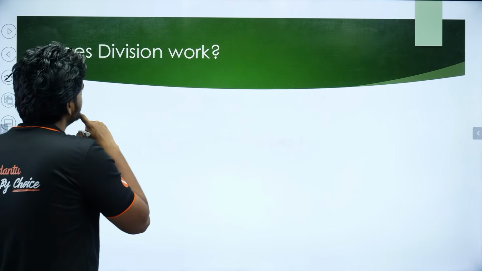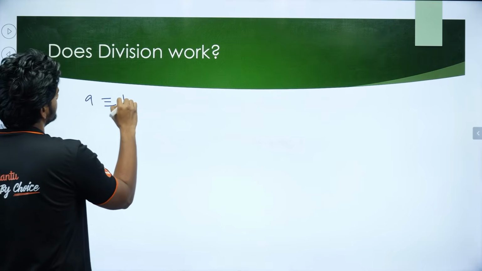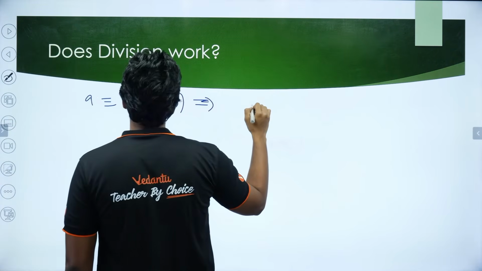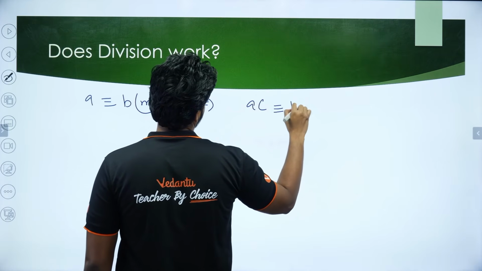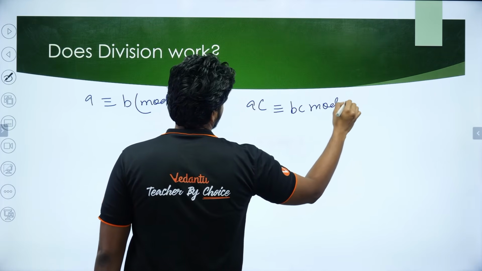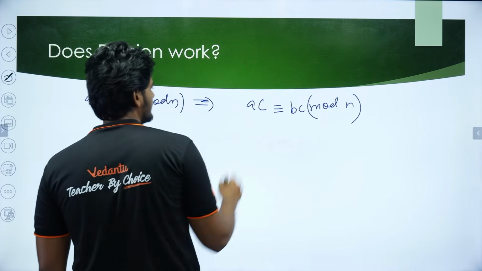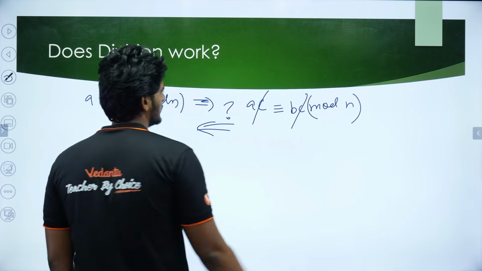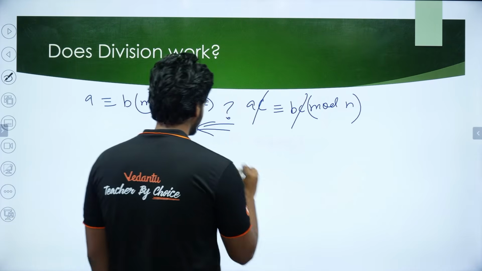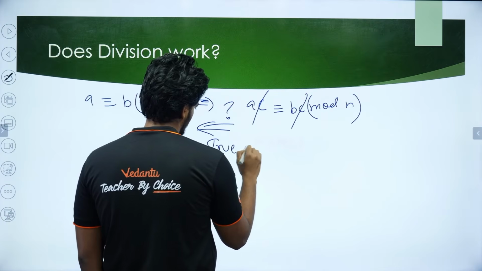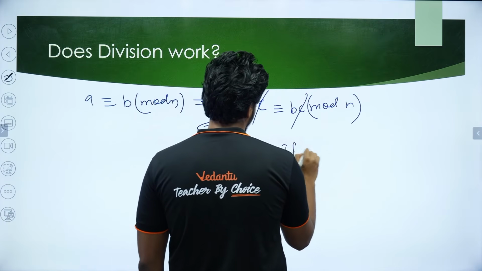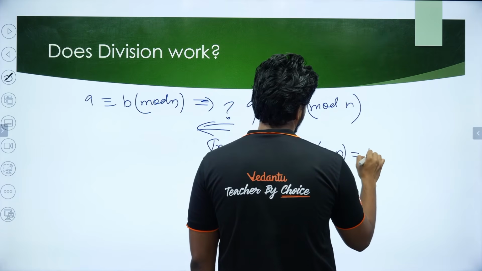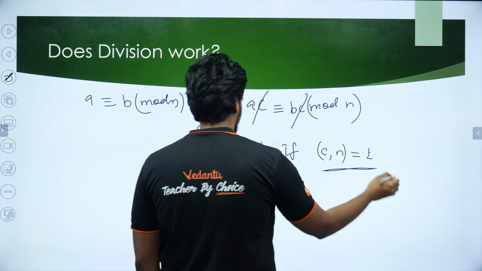So far, whatever we did, we used that A is congruent to B mod n is equivalent to saying AC is congruent to BC mod n. But if we have this, can I cancel out C? Is the other way around true? No, not so. This is true only if the GCD of C and n is 1.